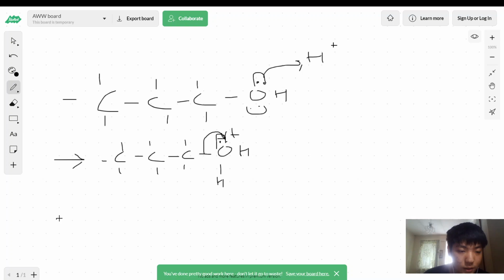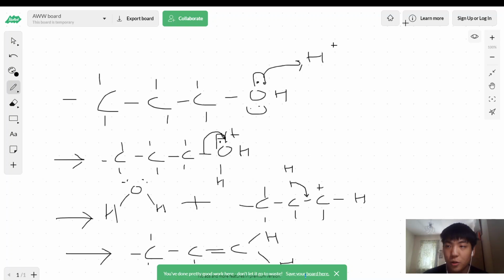I can't draw onto here, but this alkene is prop-1-ene.